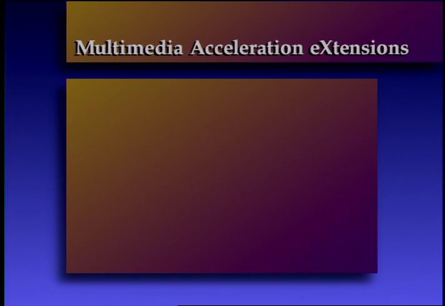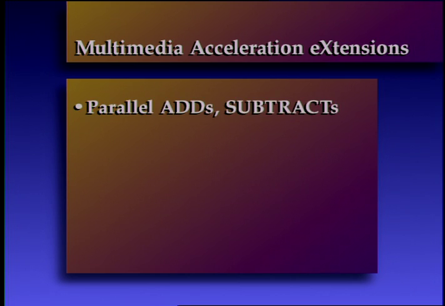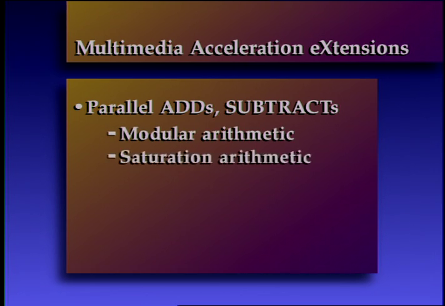So what operations are actually available in the initial set of PA-RISC multimedia instructions? By the way, we call this MAX, for Multimedia Acceleration Extensions. First of all, parallel subword addition and subtraction are supported. The difference is that both the usual modular arithmetic and saturation arithmetic are supported.